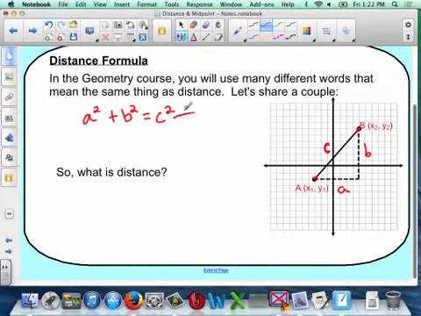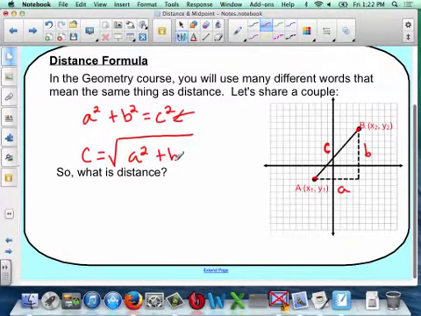So if I look at this equation, how do I get C by itself? What do I have to do? How do you get rid of the square? Take the square root. So C is the square root of A squared plus B squared.